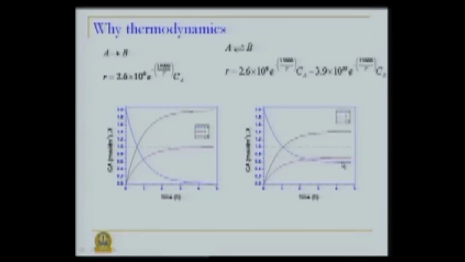And why has this occurred? This has occurred because this reaction is reversible. So, we have A going to B, B going to A, and therefore, we have the possibility that at these times has the reaction completely stopped?